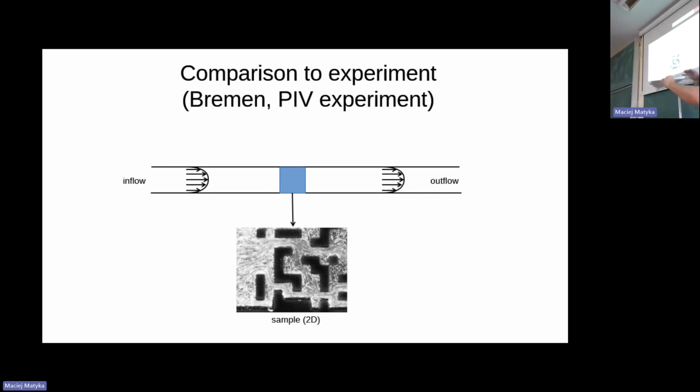So you have an area of a laser that is cutting the system, and if you light it, you see that those particles that flow with the fluid are advected, and you just see those particles. You don't see the fluid itself.